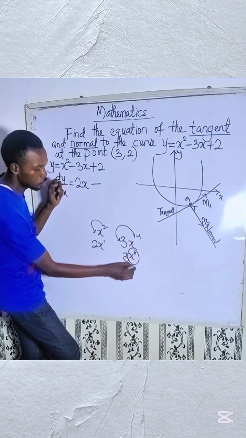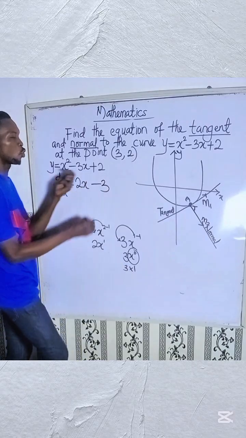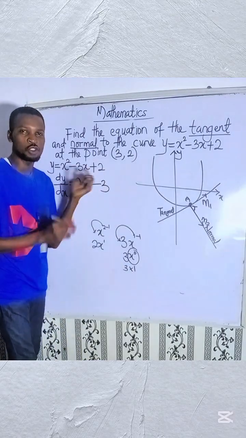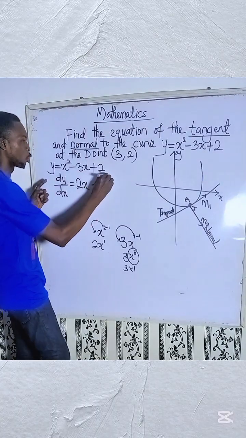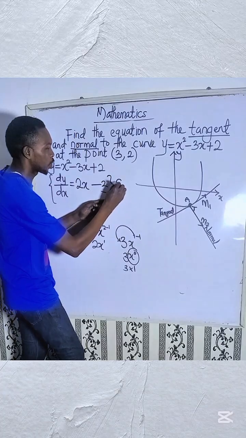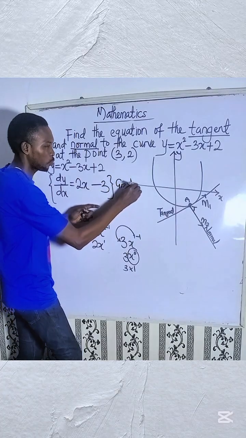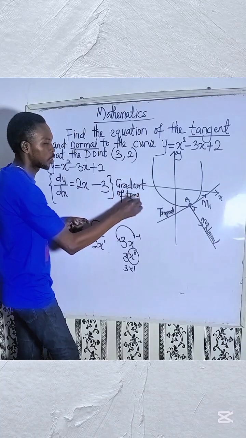Of course, x raised to power 0 is 1, and I multiply it by 3, that's 3. When you differentiate a constant, you get 0. So the gradient function of the tangent is dy/dx = 2x minus 3. So now, that is step 1.